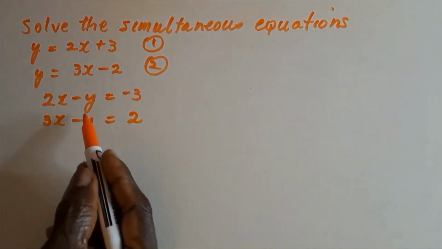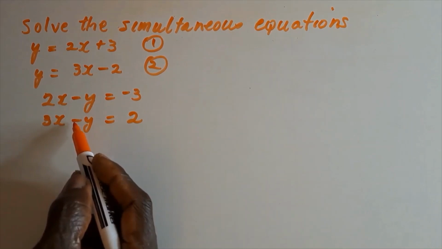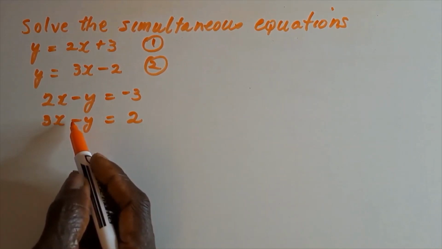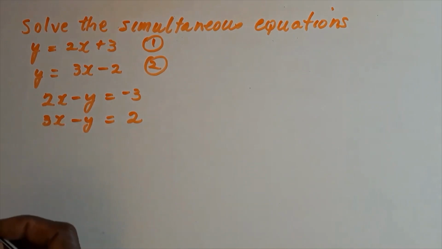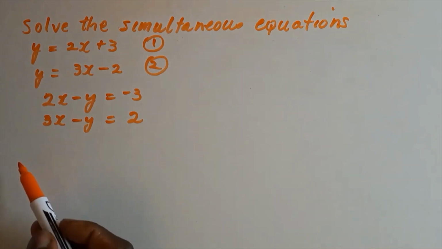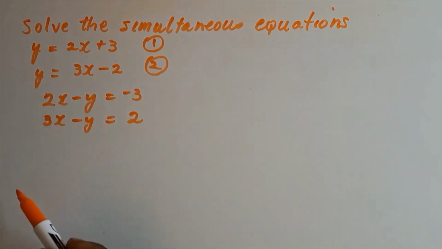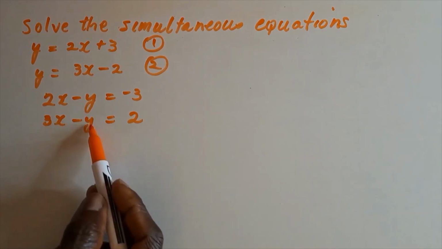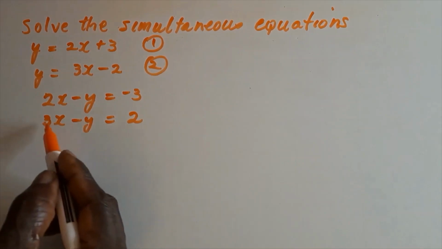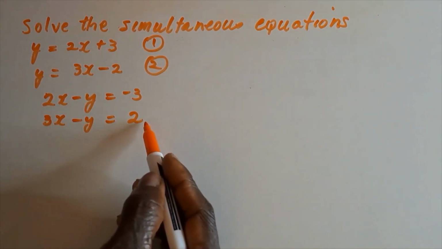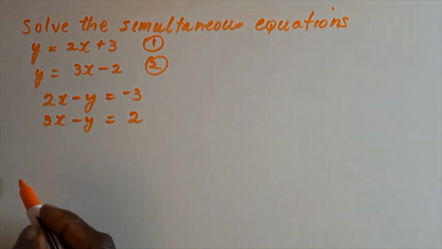We want to be able to eliminate one of these unknowns. So the elimination method requires us to set up one of the equations so that when we add, we eliminate one of the unknowns. We'll go for eliminating y. So we'll multiply the second equation here by negative 1.